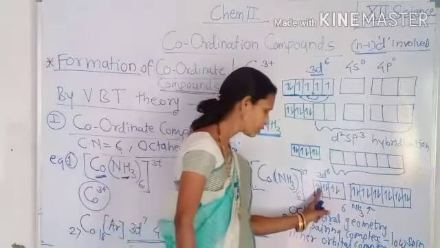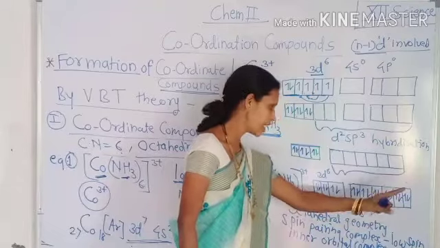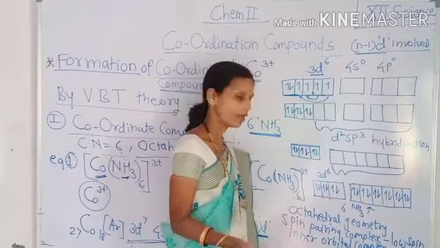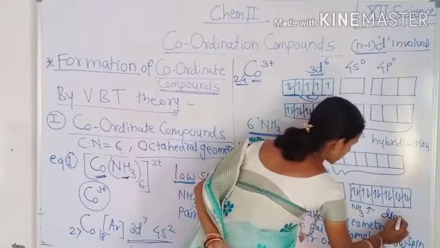And here all the valence orbitals are paired. Therefore, it is diamagnetic in nature.